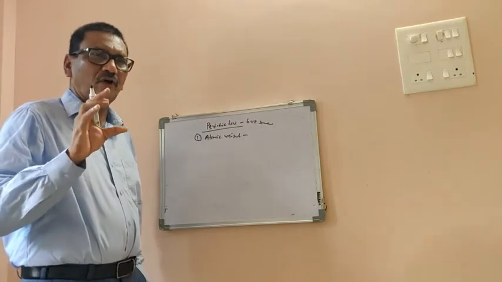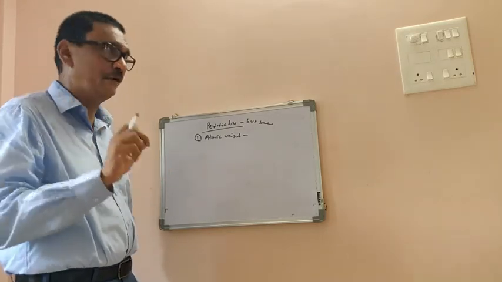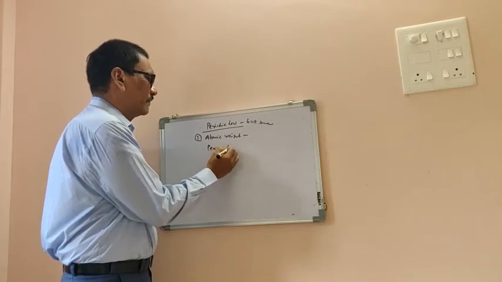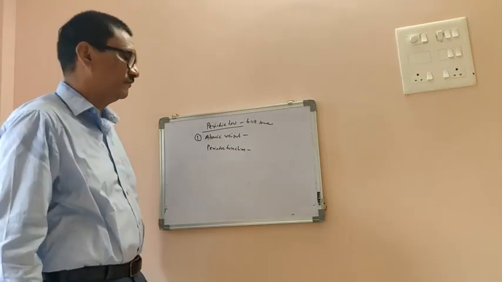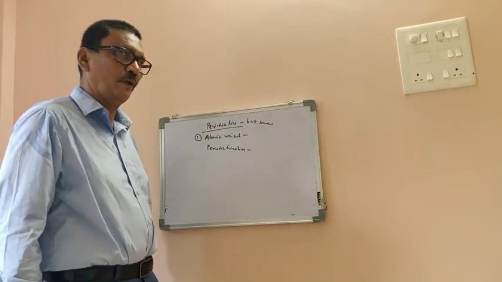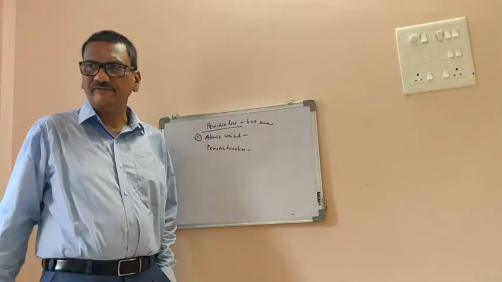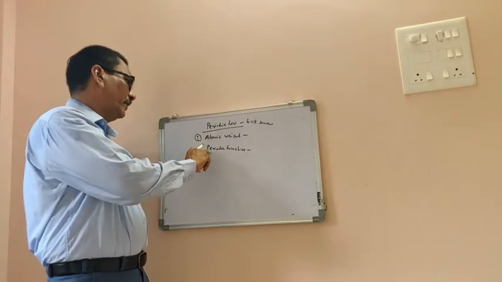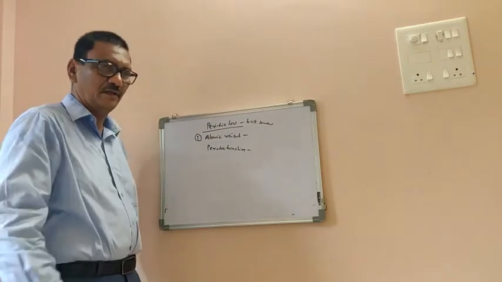The properties of the chemical elements are the periodic function of their atomic weight. The term periodic function is very important here. That indicates that as the atomic weight of the elements changes, the periodic properties, which depend upon the atomic weight, also change.